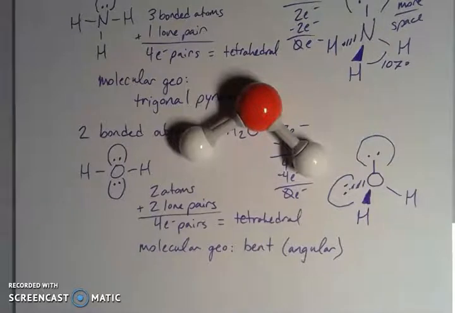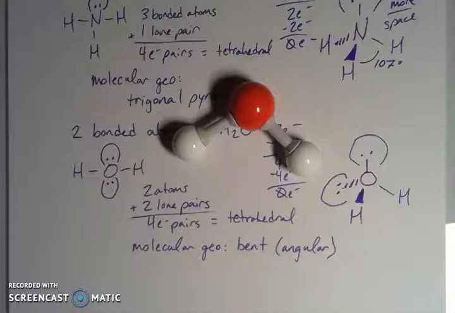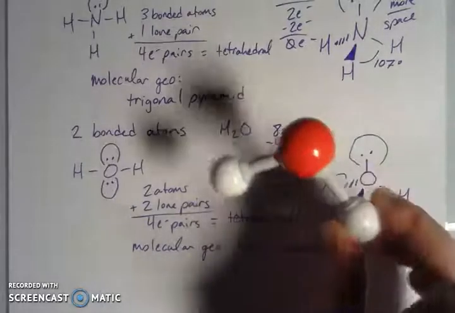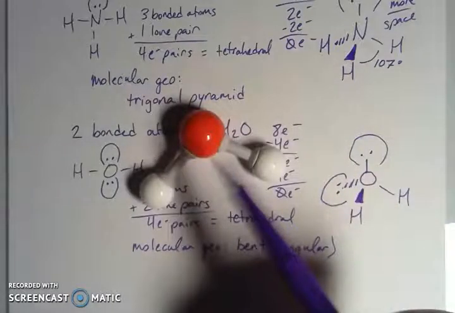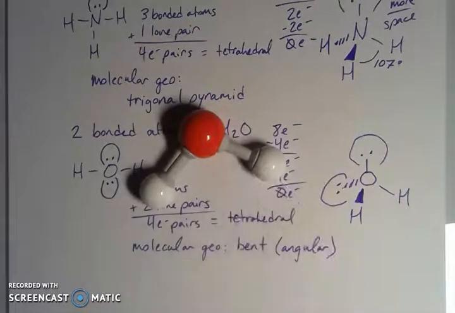I think that chemists sometimes don't have a lot of creativity when it comes to naming things, which sort of cracks me up. So I just kind of like that. So we have a bent molecule because it's the 2 legs of my tetrahedral pyramid there. And so the molecule itself, all that we would see with these atoms, where the atomic nuclei are located, is in this angular kind of shape.